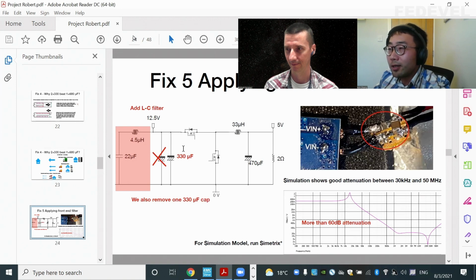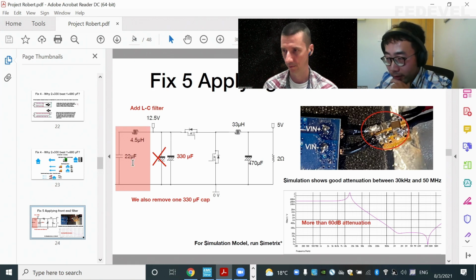So in this case, I removed one of the 330 microfarad capacitors I added. I still use a 330 microfarad capacitor. The one close to the transistor? Yes, the one that is close. I removed that one, and I put an LC filter in the front.